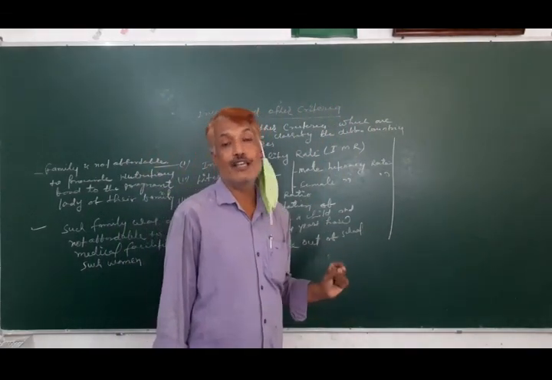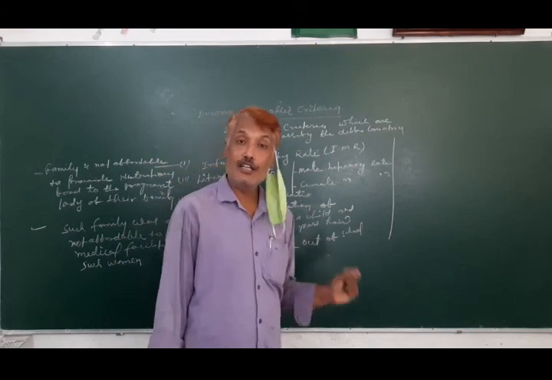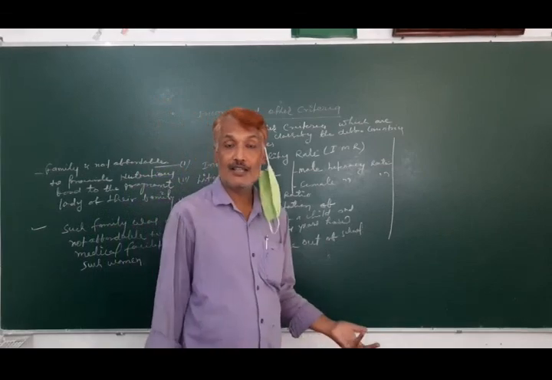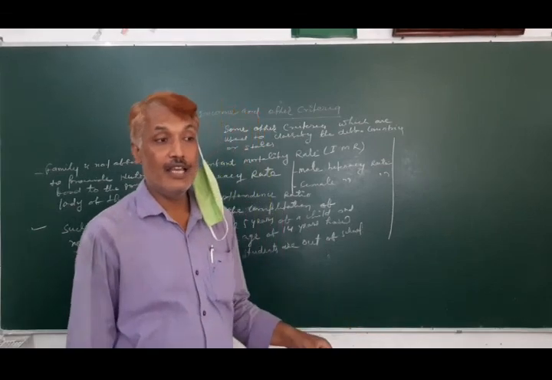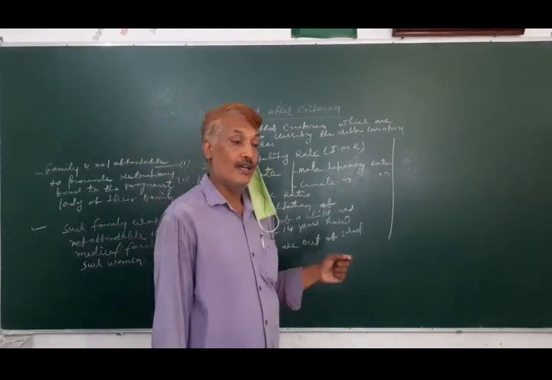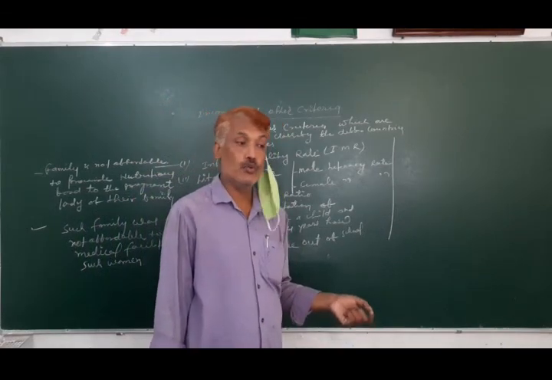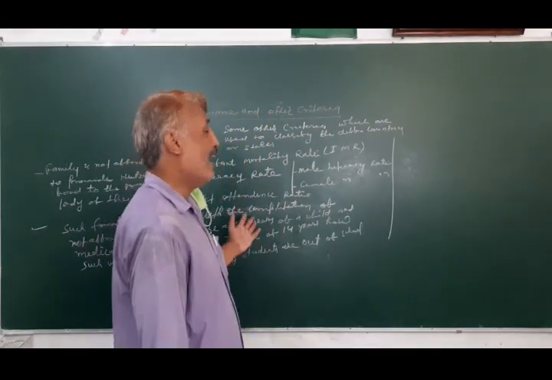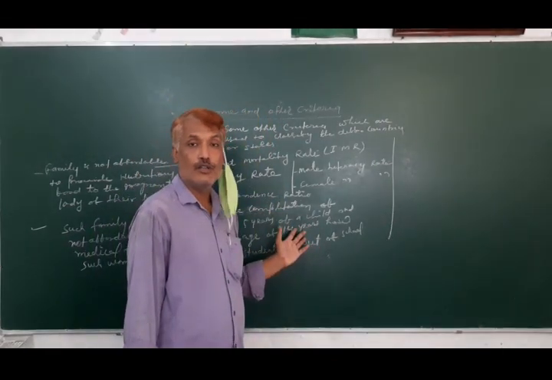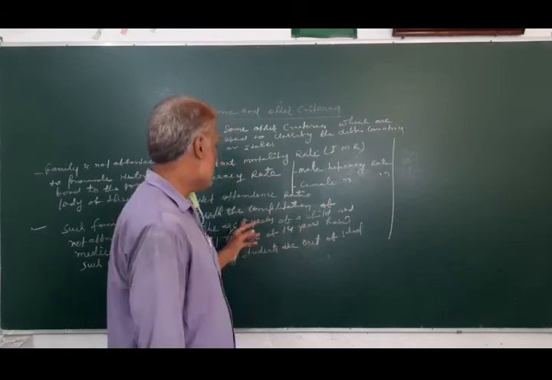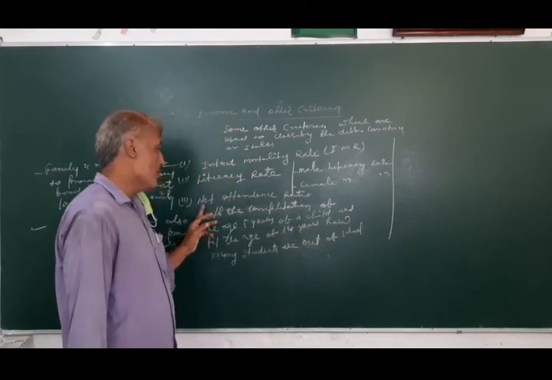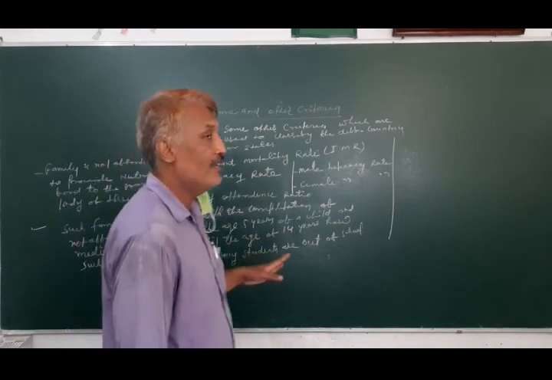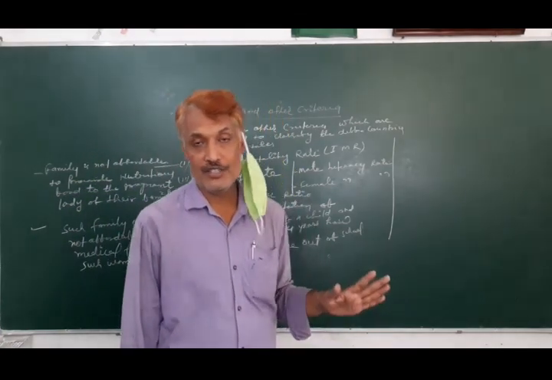They are working in different tea stalls, hotels or on footpaths. They also provide labor to other people, so they are not in school. Okay, so this is also an important criterion used to classify different countries or states.